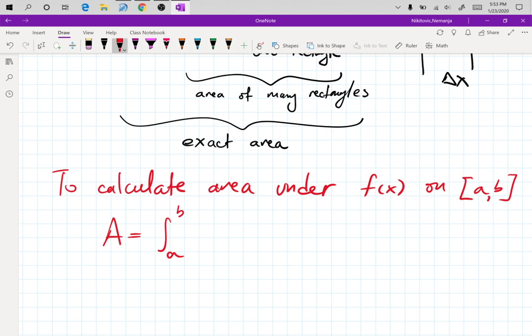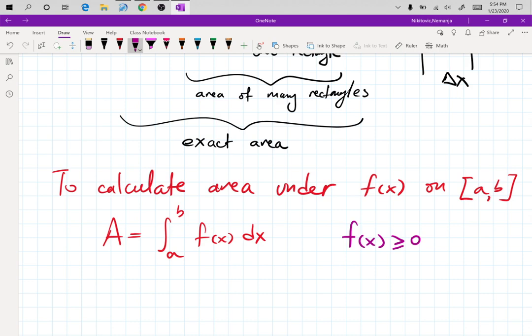So to calculate exact area, you need to calculate the definite integral from a to b of f of x dx. Now we also need to make sure that f of x needs to be positive or equal to 0. So this is a condition for the calculation.